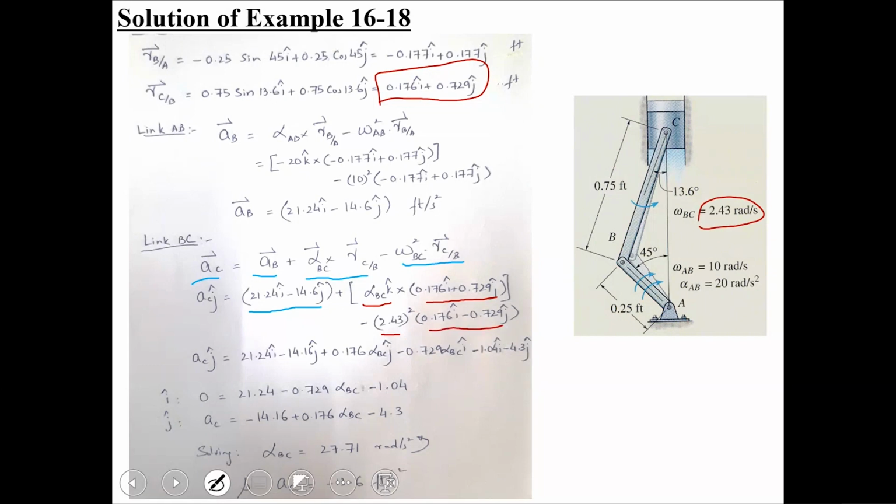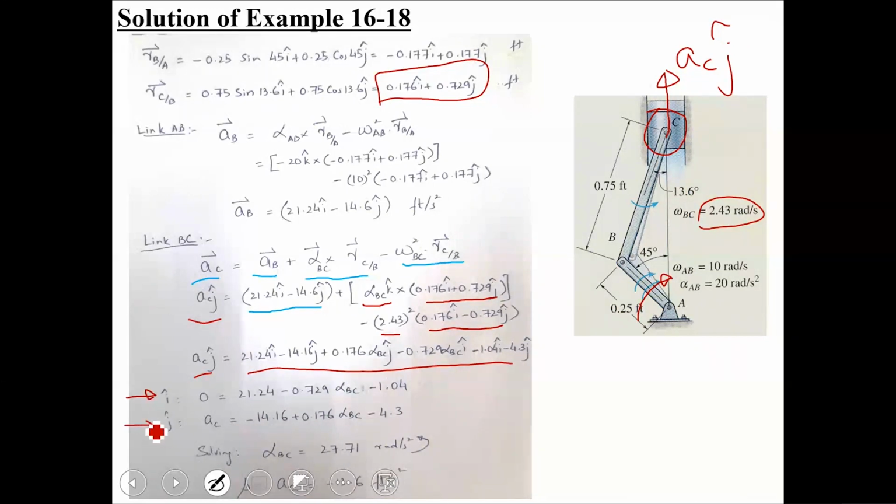Since the left hand side represents the absolute acceleration of this piston, and the link is rotating counterclockwise, C would be moving upwards, so we have assumed AC equal to AC j. Then we compare the i and j coefficients on both sides of this equation.